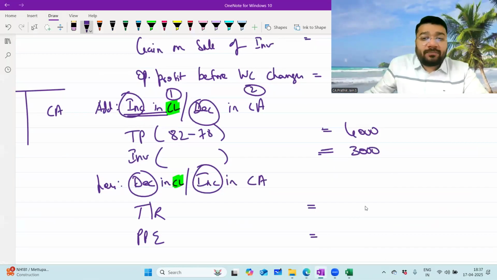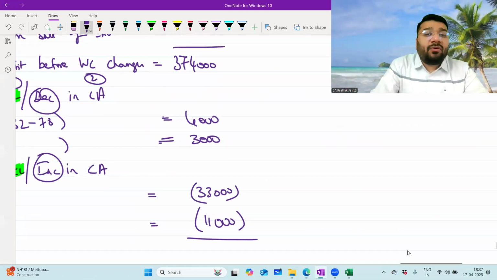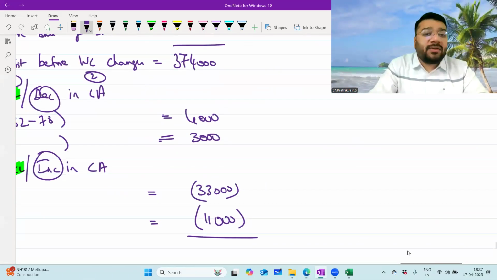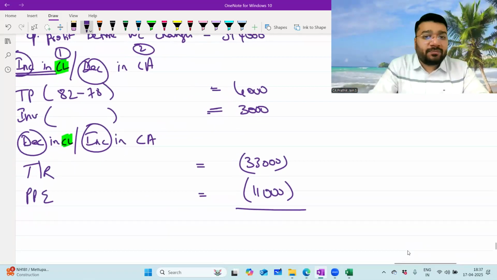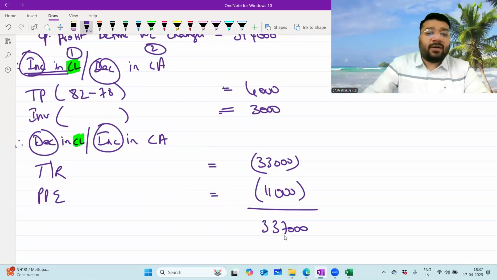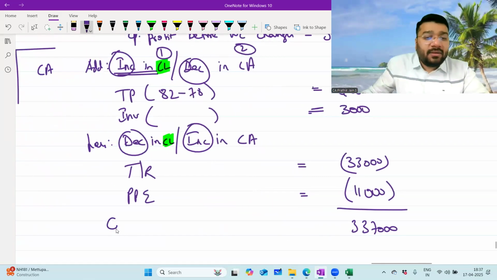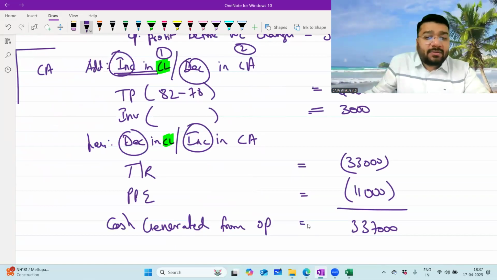Trade receivable is 33,000, then 11,000. So 3,74,000 plus 4,000 plus 3,000 minus 33,000 minus 11,000 is 3,37,000. This is called cash generated from operations.